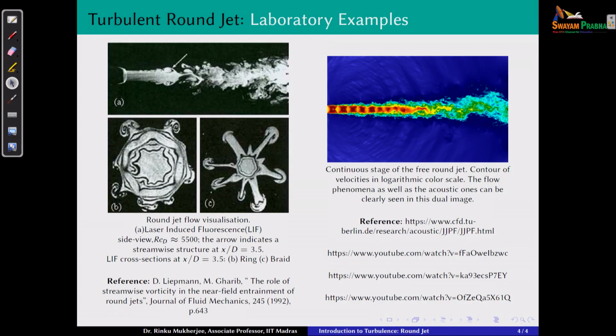Now, setting up the experiment, taking pictures and looking at this is one thing. Another thing is, we looked at the basic fundamental equations of motion: continuity, momentum, and energy. When you look at these, irrespective of any sort of complex movements that these fluid particles are doing, they still should be satisfying the basic fundamental equations of motion.